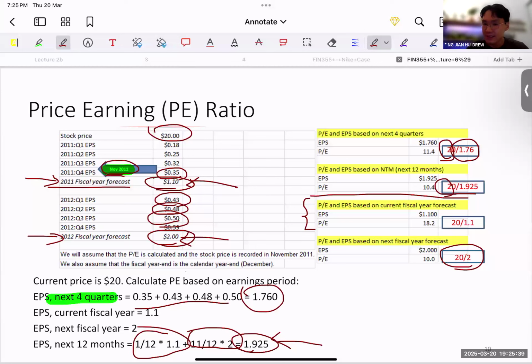Do you need to calculate them manually? No. You do not need to calculate them manually if you use Refinitiv, which gives you the figures ready.